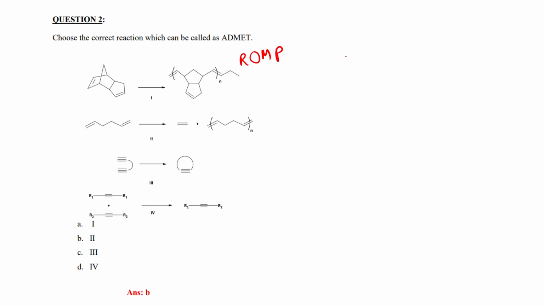For this case, the mechanism needs to be clearer. This is the double bond that would react fast. Let's say we have this kind of metal carbene.